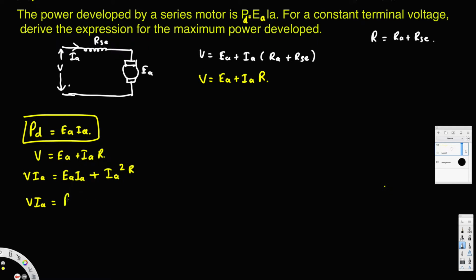So instead of this, we plug PD right here, plus IA square R. Therefore PD is equal to VIA minus IA square R.